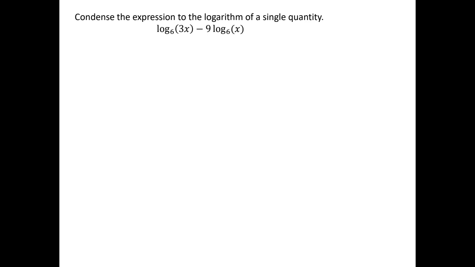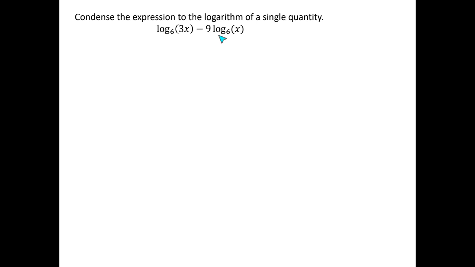So all of those were expanding logarithms. Now we're going to condense. So condense means you have multiple logarithms and we want to rewrite them so that we only have one logarithm left. Okay, so what we want to do here is, if we notice we have this log being subtracted from this log.